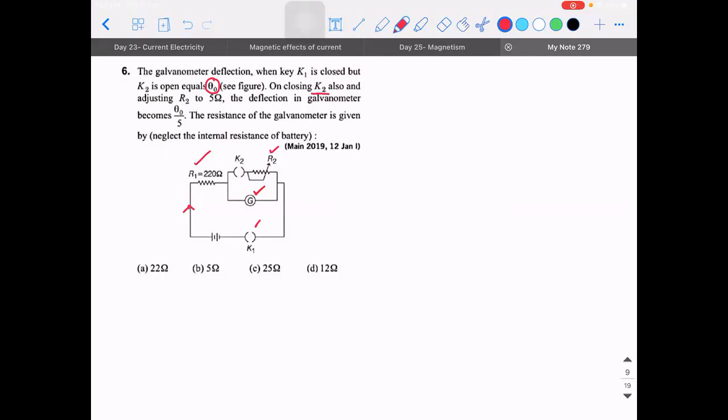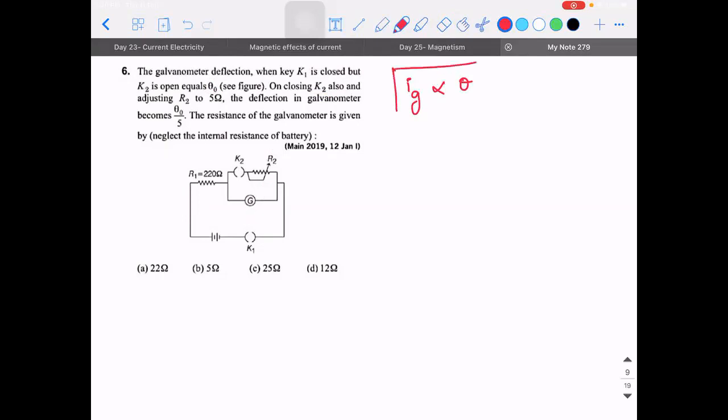I guess it should be a slightly lengthy problem. So what is the principle on which this theta naught works? We know that the full scale deflection current in the galvanometer, if I call it Ig, is directly proportional to the amount of deflection it is producing.